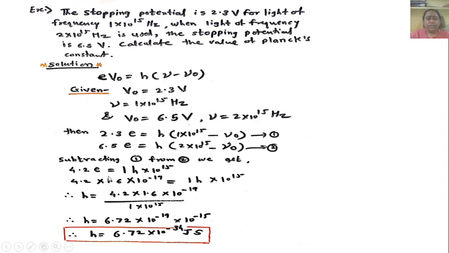Putting the value of e, that is 1.6 × 10^-19, 4.2 × 1.6 × 10^-19 = 1 × h × 10^15. So h = 4.2 × 1.6 × 10^-19 / (1 × 10^15). So the value of Planck constant h = 6.72 × 10^-19 × 10^-15. Therefore h = 6.72 × 10^-34 Joule second.